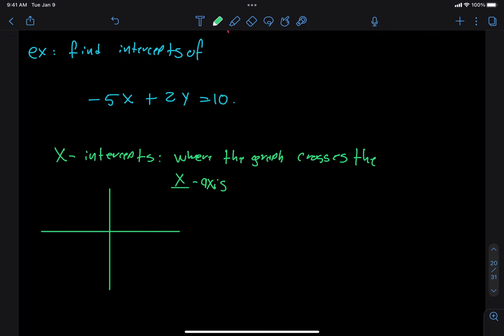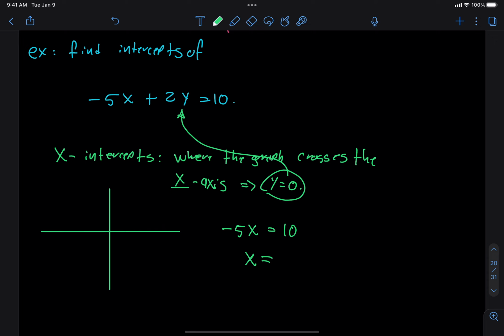That's a more specific question. So we know that if we're on the x-axis, then y is equal to 0. So all I'm going to do is plug y equals 0 in, and I get negative 5x equals 10, because this term goes away. 2 times 0 is 0. And now what happens to x? x is just going to be equal to -2, right?